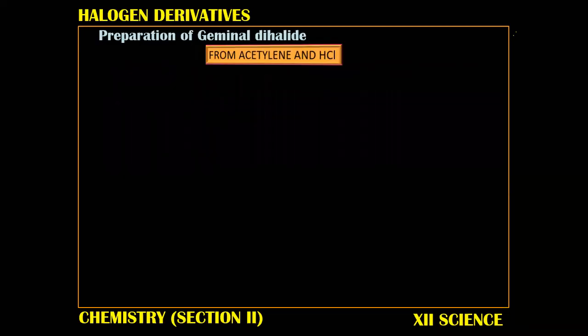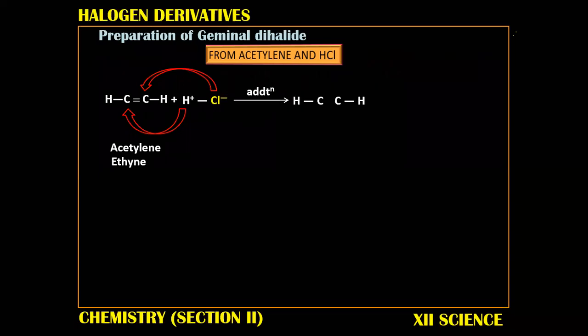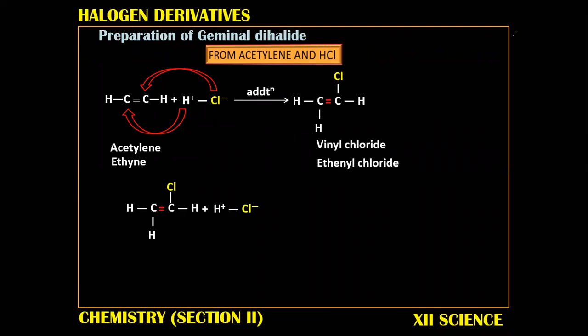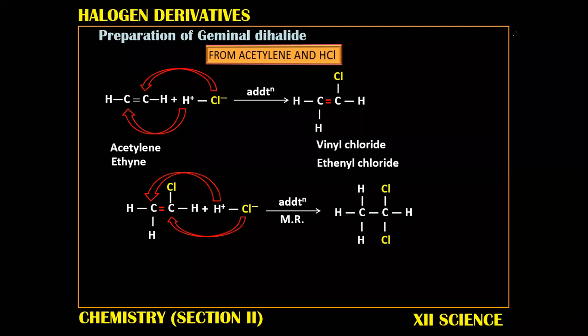When alkynes react with haloacids, in the first step we get vinyl chloride. I told you what vinyl chloride is. And when vinyl chloride adds one more molecule of HCl, we get geminal dihalide, because the addition of the second molecule is according to Markovnikov's rule.